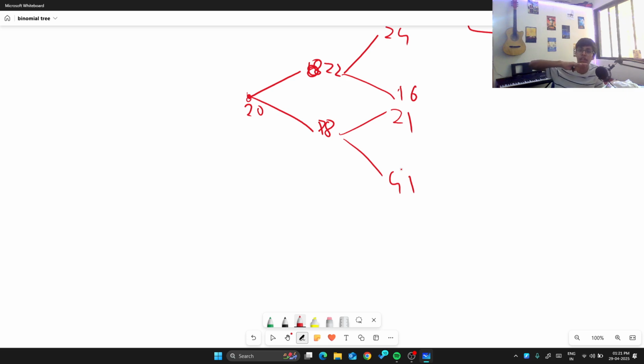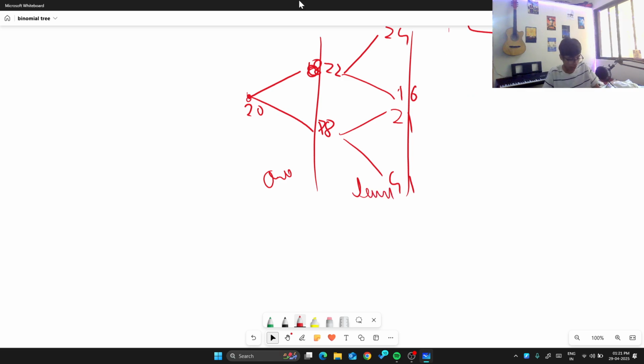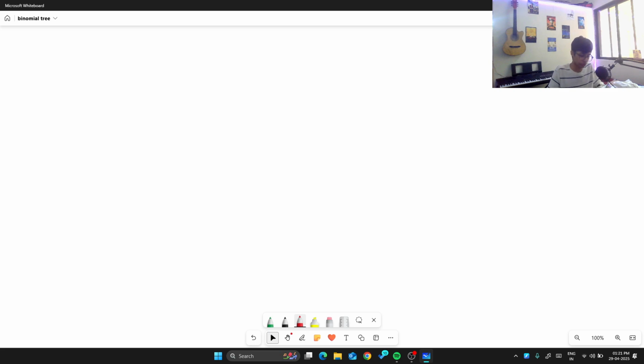We can make our tree as long as we like in time. So we discretize it: there is a one time step model, a two time step model, 3, 4, 5, up to n time steps.